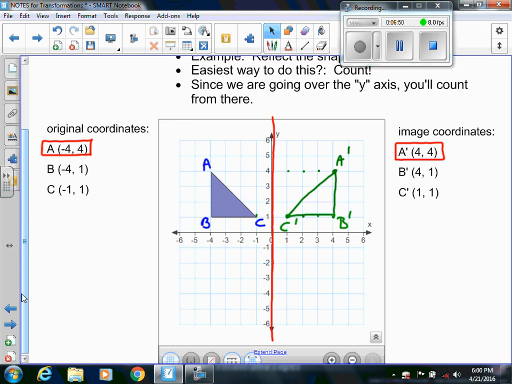In addition, what do you think the new coordinates would be if I were to flip the original shape over the x-axis this way? Think about that too and see if you can come up with a rule for both of those: for flipping over the y-axis and also for flipping over the x-axis.